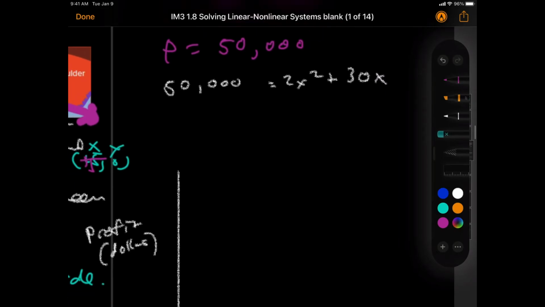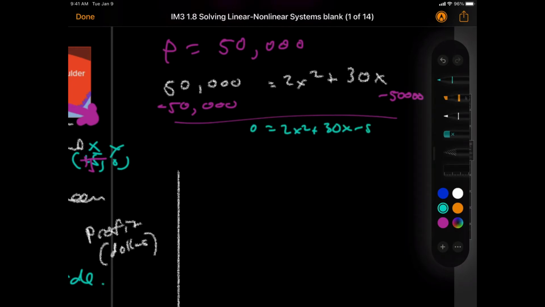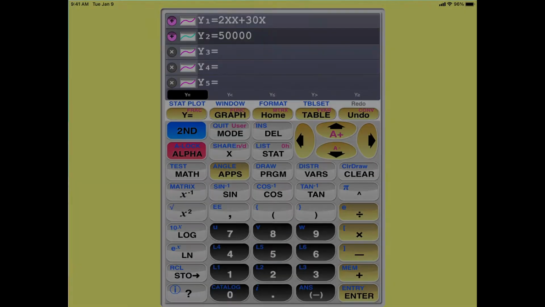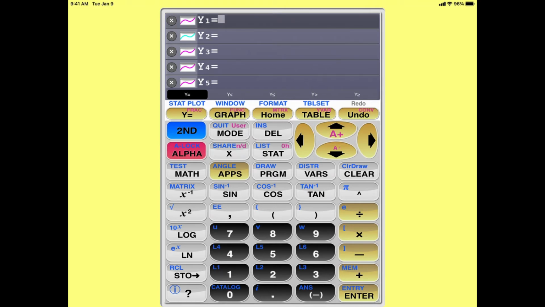Now they're equal to each other and you just subtract. Okay, so let's put that into our graphing calculator. 2x squared plus 30x minus 50,000.